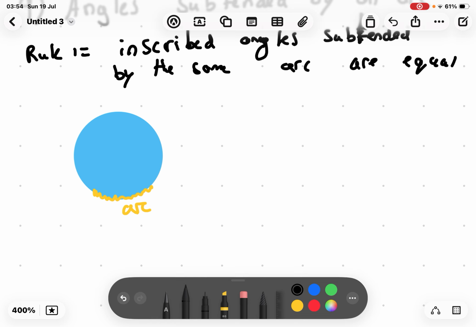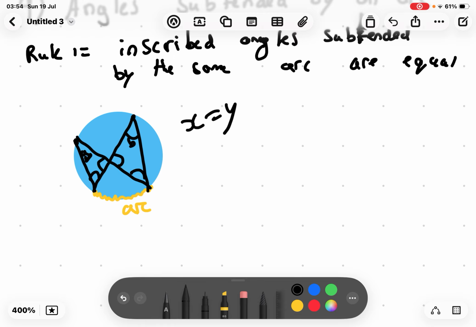We can pick any point here, right? For example, put it like this, and then this one over here. The angles over here, A, B, will be equal to each other. And these two will also be equal together, I assume, because they're opposite each other.